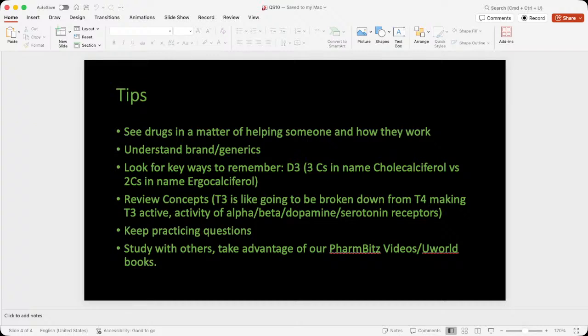You don't have to go into specifics on the mechanism, but at least let them know that this is a medication that we'll use to treat this, and that it's going to work in a way to prevent further complication.